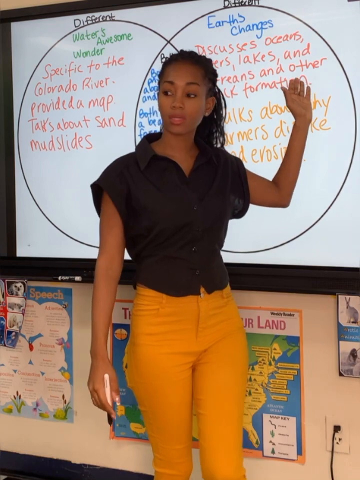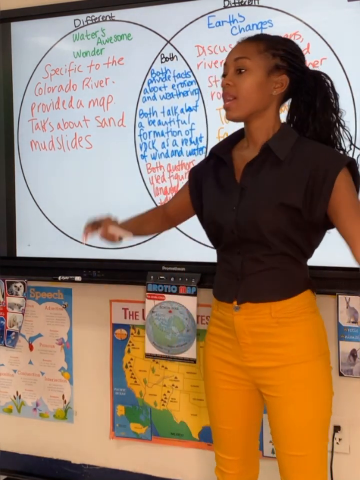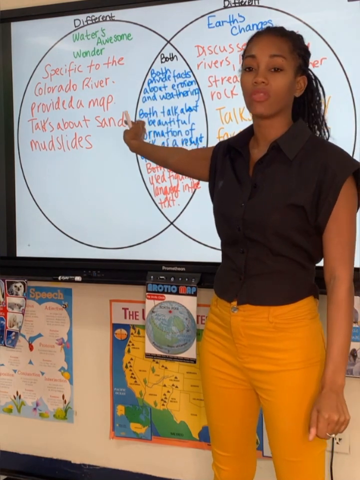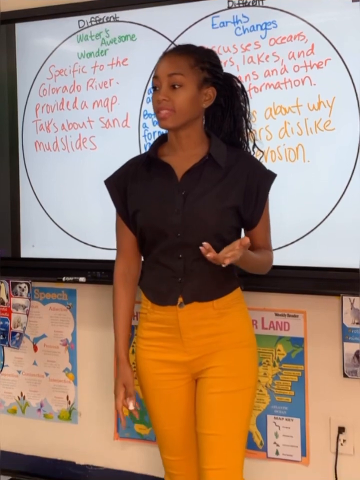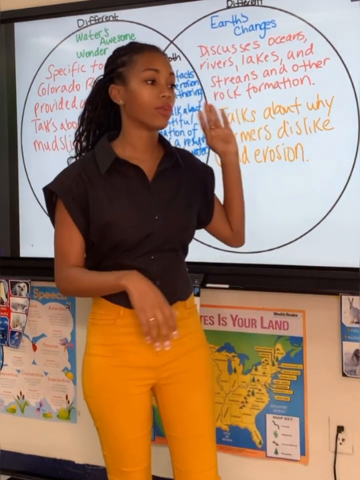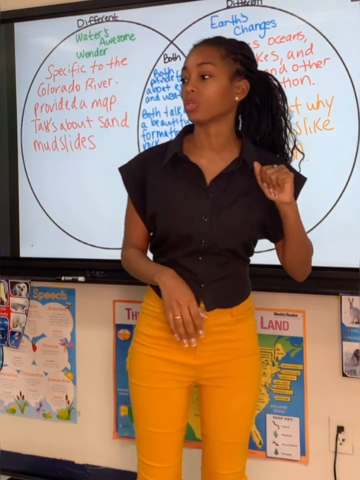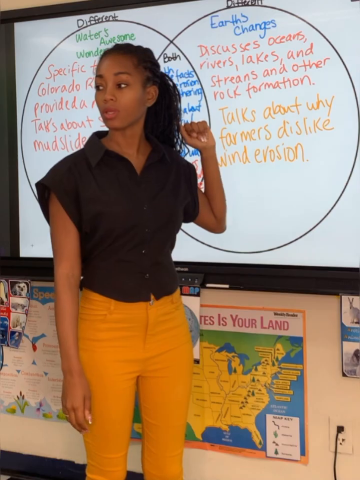This book talks about how the wind erosion is affecting the farmers, and this one did not say how the wind erosion was affecting farmers or crops or anything. So now we can see some changes between Water's Awesome Wonder and Earth Changes, and we can also see some similarities in them both. Any questions?